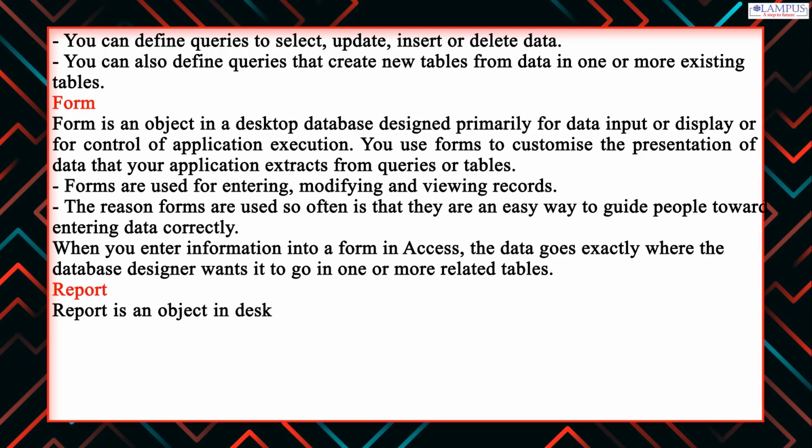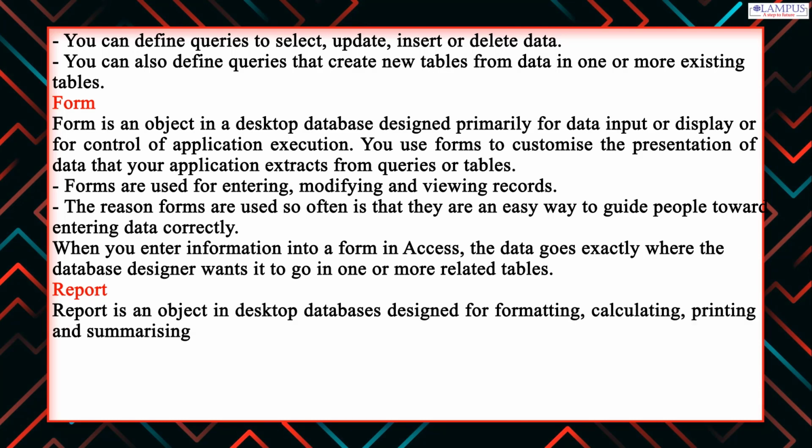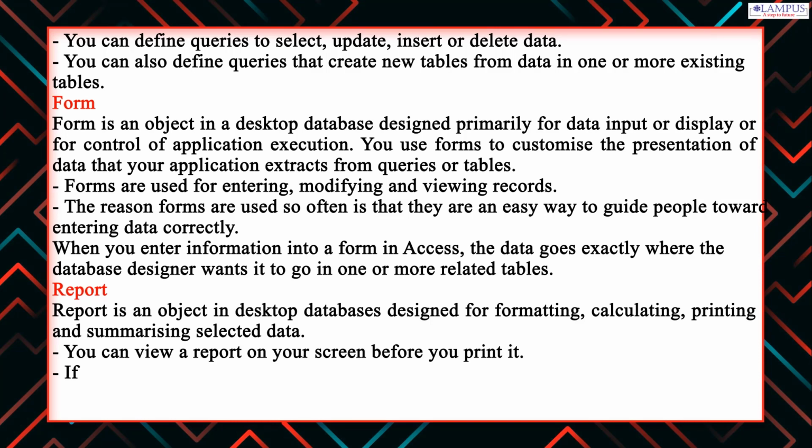Report. Report is an object in desktop databases designed for formatting, calculating, printing, and summarizing selected data. You can view a report on your screen before you print it. If forms are for input purposes, then reports are for output.